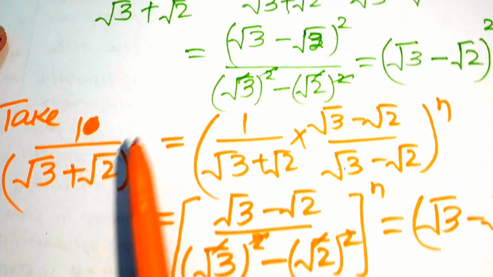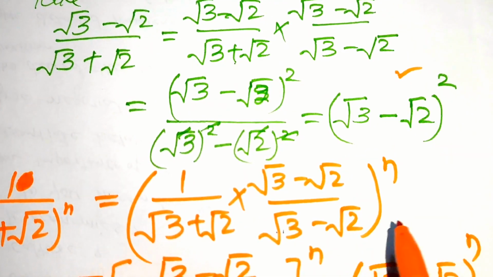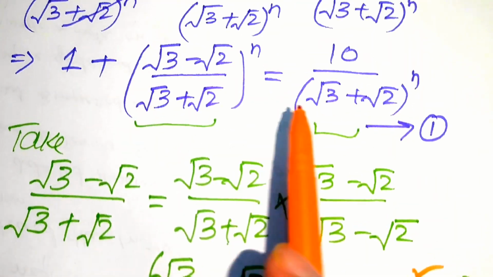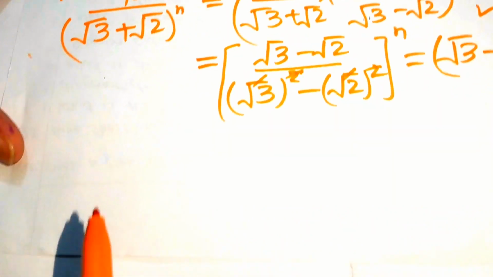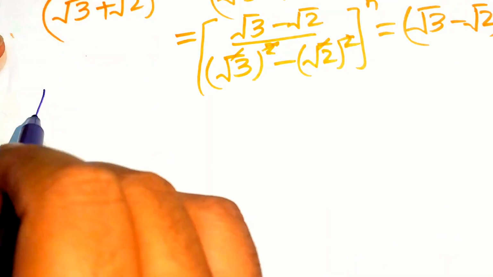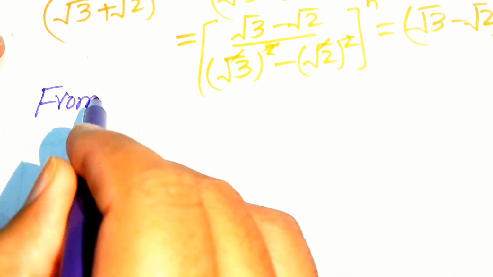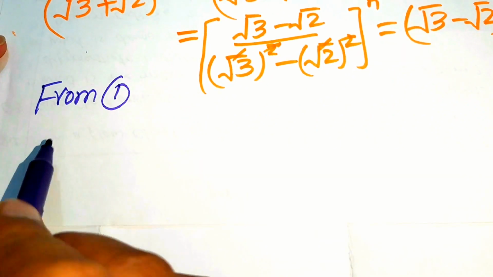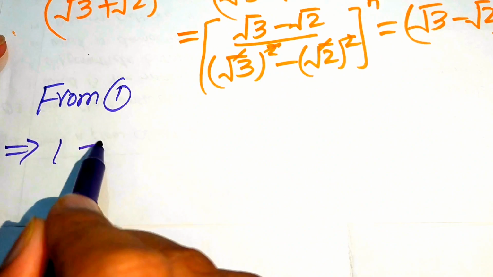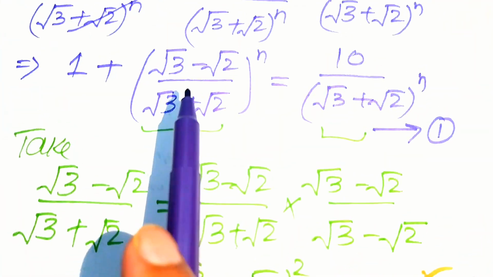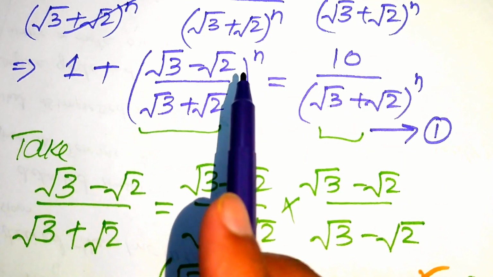Now we substitute these two values in our equation number 1. Equation number 1 becomes 1 plus this term (√3 − √2)^2 and its whole power n.